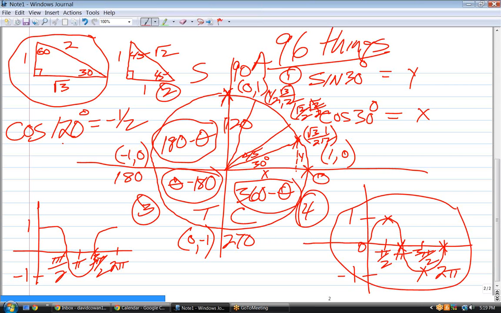So you could give me any angle, tangent of 225. In fact, let's do this. This is the way to teach trig. There's no time like the present to do this. What would the tangent of 225 be? Which quadrant, first of all?